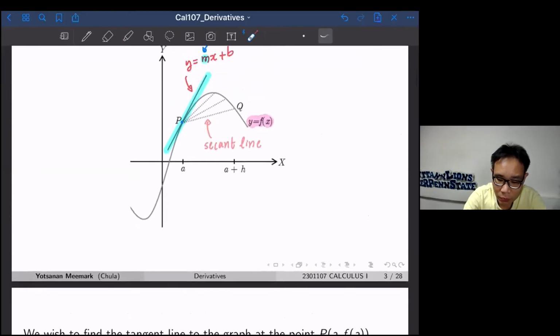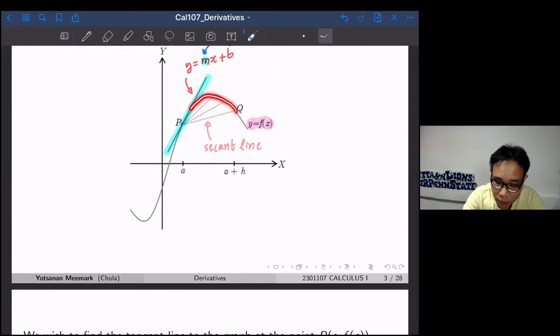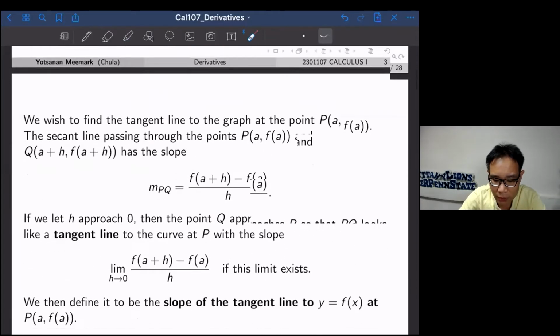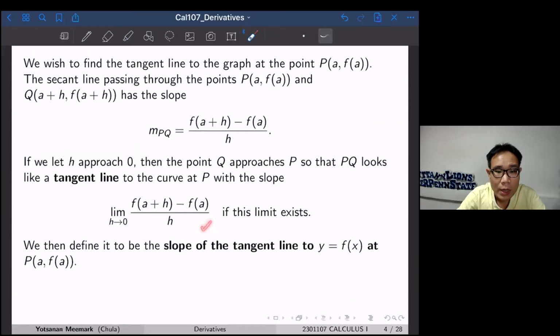We're going to move Q close to P by taking the limit. I discussed this topic before: we can have Q on the right side, or we may have Q on the left side, so it's going to be the limit from both sides. It's going to be the limit as h goes to 0 of f(a+h) minus f(a) over h.